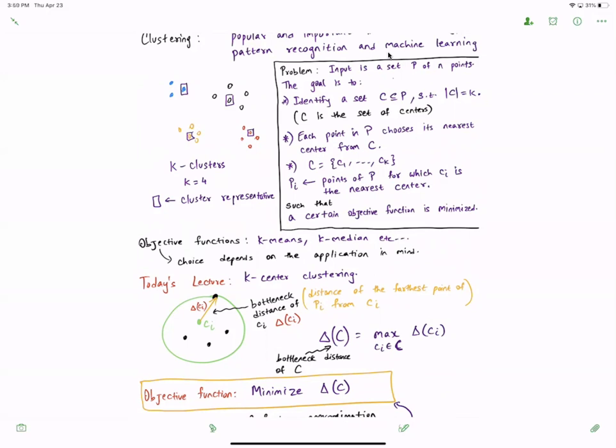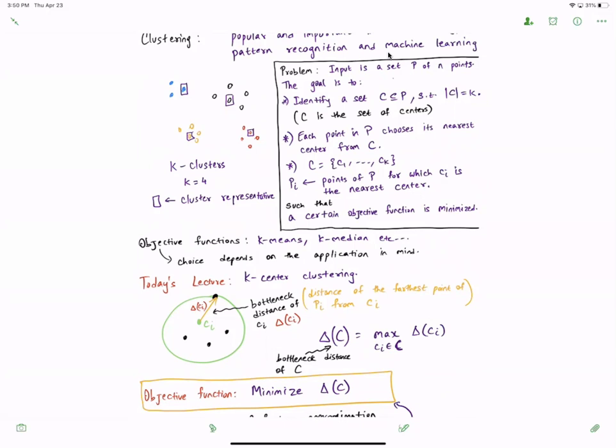Now the black point on the circumference is the farthest point from C_i. We'll define that to be the bottleneck distance of C_i. That means it is the farthest point which belongs to the cluster of C_i. We'll denote that by delta of C_i, and that's what I've defined here: the distance of the farthest point of P_i from C_i.